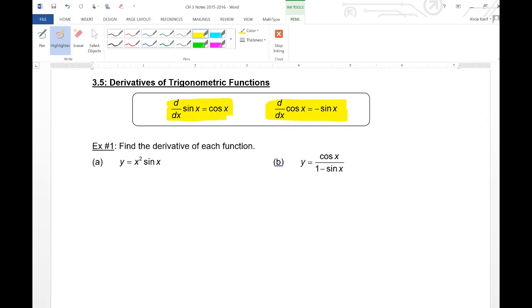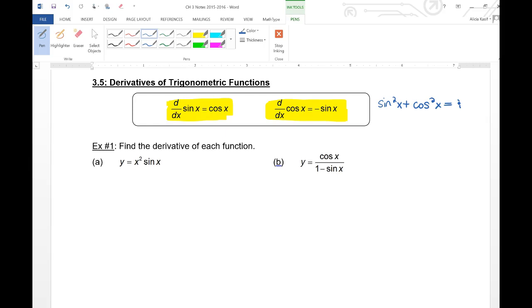You need to know the main Pythagorean identity from last year: sine squared x plus cosine squared x has to be equal to 1. That's really the only one that shows up. We're not proving identities like you did last year, but you might have to apply some of the rules.